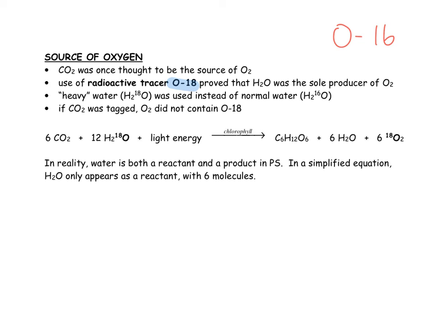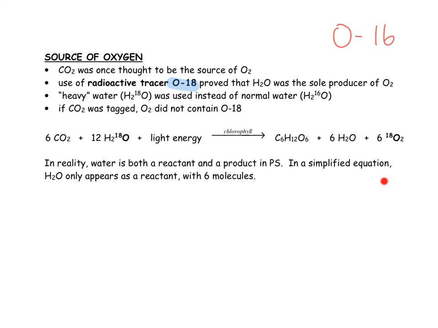So in using that radioactive tracer, they were able to show where the O in water, where that O18, ended up. They tagged the water in a photosynthetic process with that O18, and they saw that it ended up entirely in the O2.